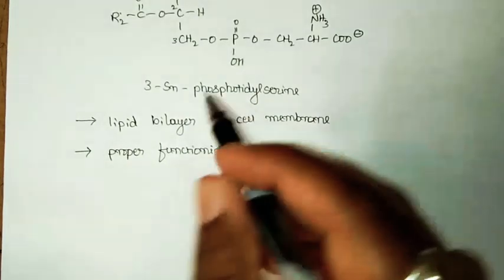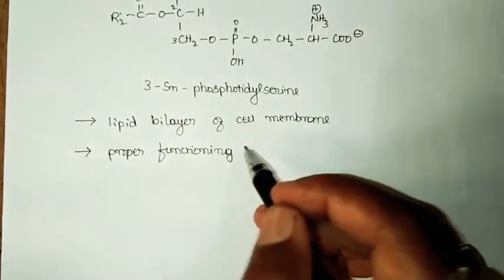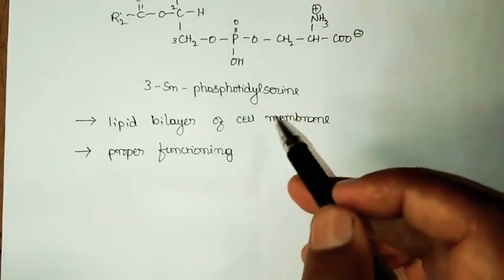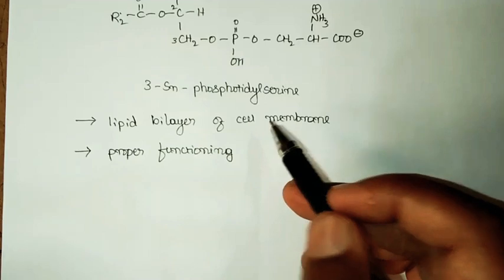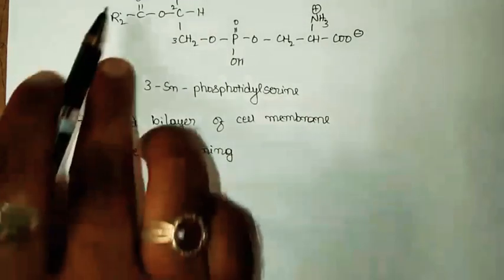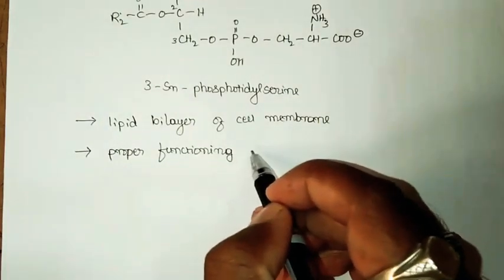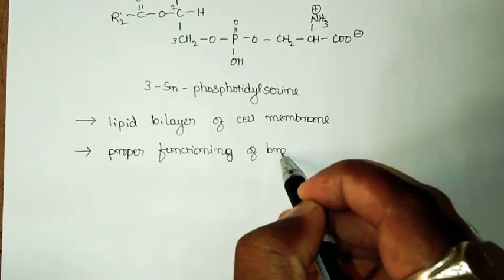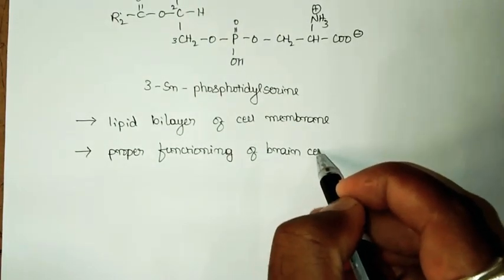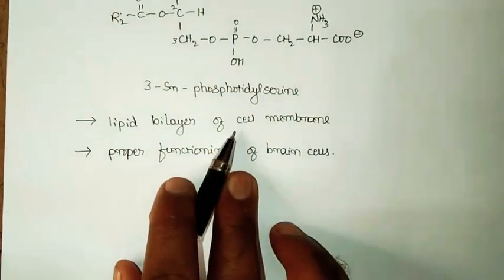So if the phosphatidyl serine gets depleted in the brain, that leads to abnormal working of the brain cells, and that may lead to many other diseases also. So phosphatidyl serine is particularly required for proper functioning of brain cells. And that's about the phosphatidyl serine.